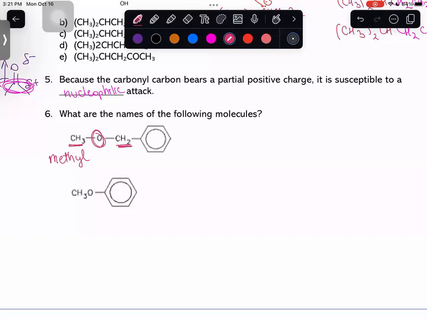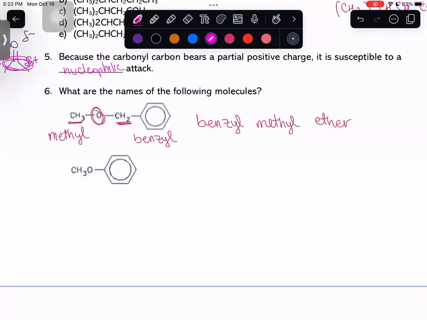It's going to be benzyl. Why wouldn't it be phenol? Exactly, we have a little bend in there. So this guy is just benzyl. We're just going to put them together. So this guy is going to be benzyl methyl ether. Exactly.